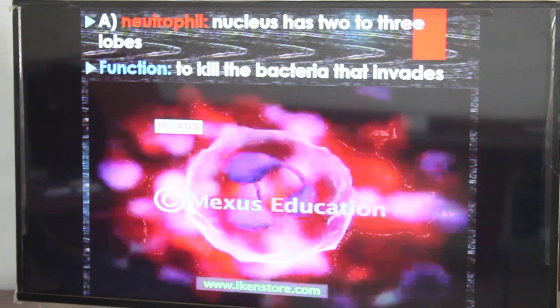It is not a solid nucleus, but it has lobes. And they normally kill bacteria that invade the body of the organism.